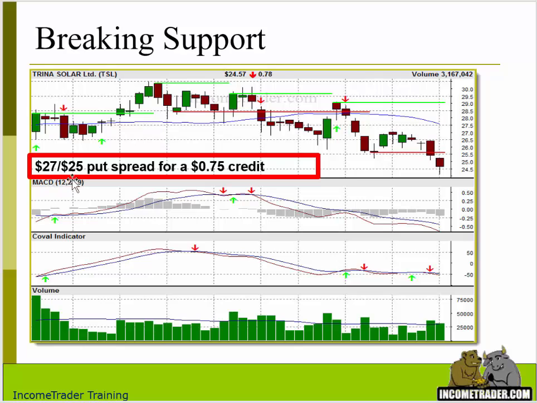Your margin is $2 less what you've already brought in of 75 cents. So your margin is really only $1.25, which is absolutely fantastic. If you're getting a 75-cent credit and you only have $1.25 at risk, that's a fantastic rate of return. And the reality is, you just need your stock to head sideways or up.